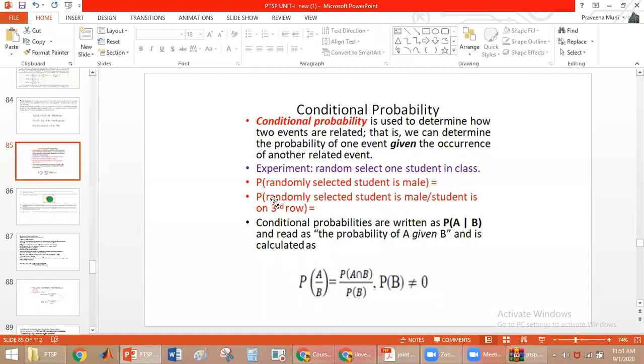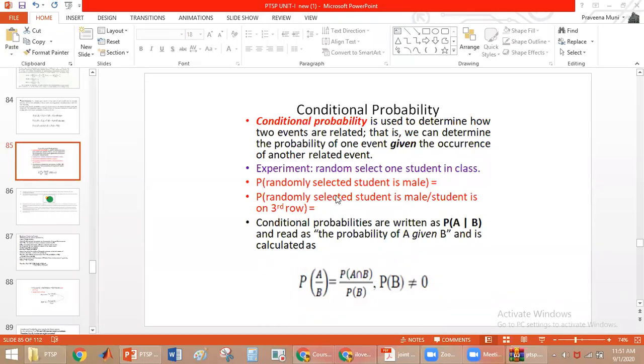Now what is that given? Randomly select a student who is male, given that the student is on the third row. Here you no need to consider the complete sample space. Now we will be considering only the number of students in the third row; that will be the denominator.